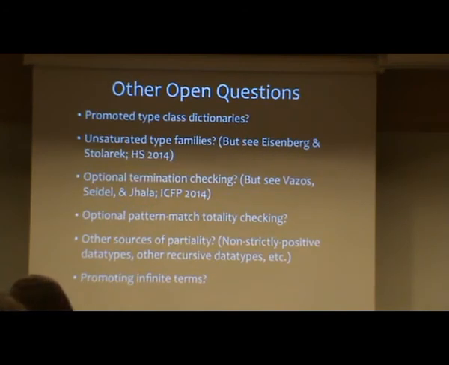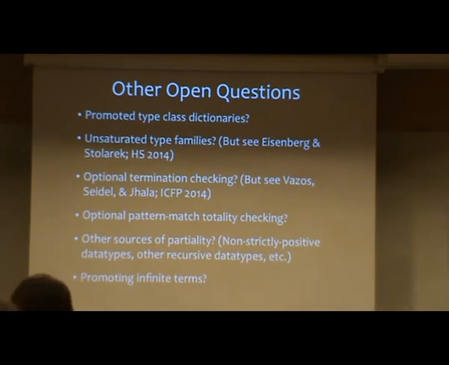And then there's a bunch of other things that I've barely begun to think about. So what do we do with dictionaries? Do they get promoted? I suppose we could. Unsaturated type families, there's some ideas that were in the talk yesterday and in my Haskell Symposium paper. What do we want to do about totality checking? Is this a good thing? Is this going to be too much trouble for people? What do we do about infinite terms?